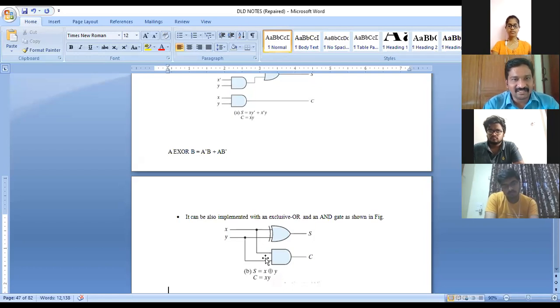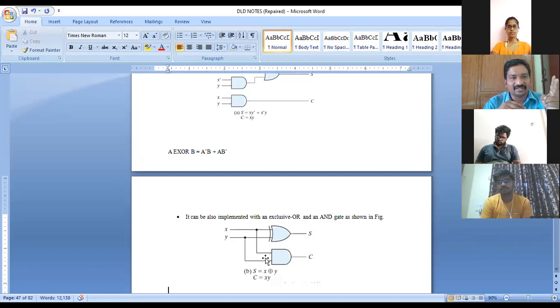Got it? Half adder. How do we construct a half adder? If you know the design procedure for combinational circuits, it is easy to construct any combinational circuit. First, you need to identify the inputs. For a half adder, how many inputs are required? Only two inputs, x and y, so the possible number of combinations is 4.